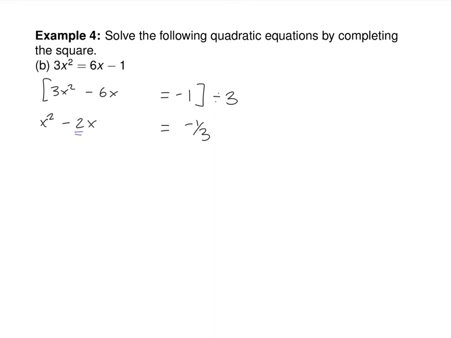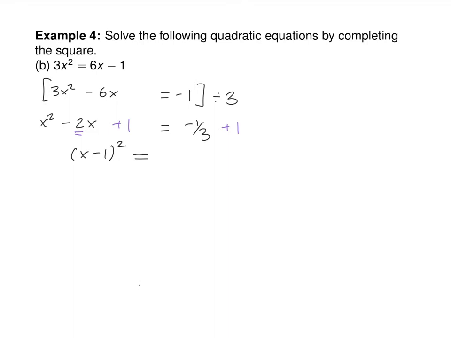So what's half of negative 2? Negative 1. Tristan, stay awake. 1 squared is? 1. So add 1 to both sides. Okay. All right, now that factors into x minus 1 squared equals, so 1 is 3/3, right?